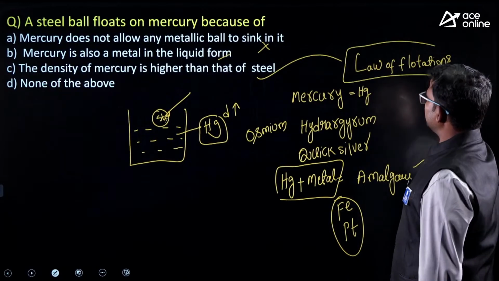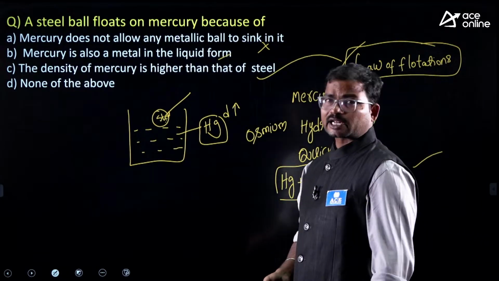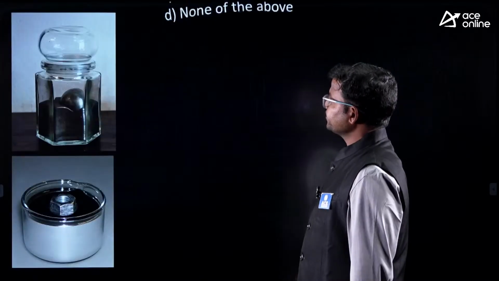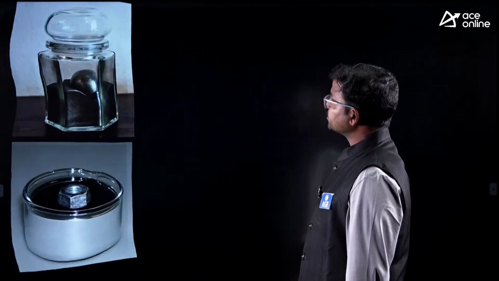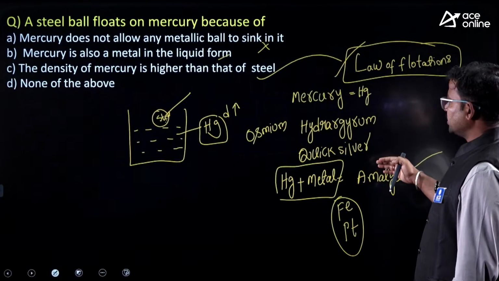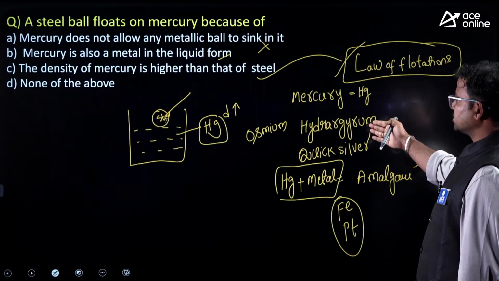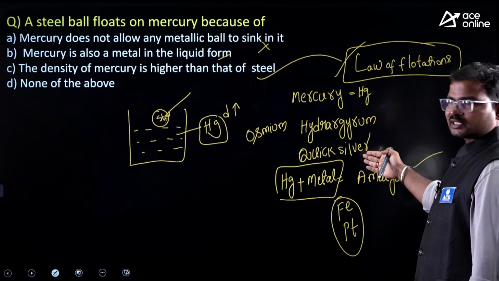These laws of flotation were proposed by Archimedes. Yes, we already know that. So this is the liquid state metal. You should also remember the remaining points: the Latin name of mercury, and that it is also called quicksilver. Why?